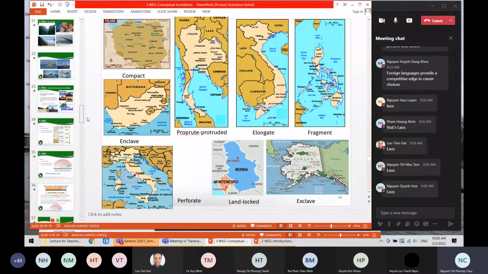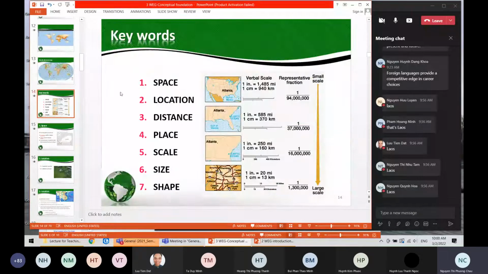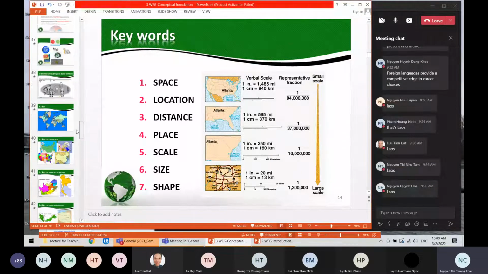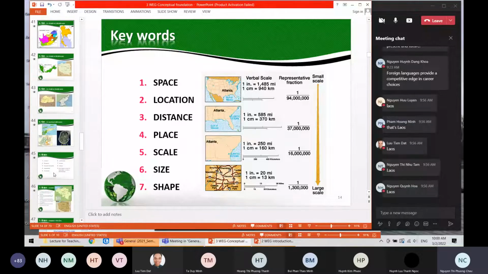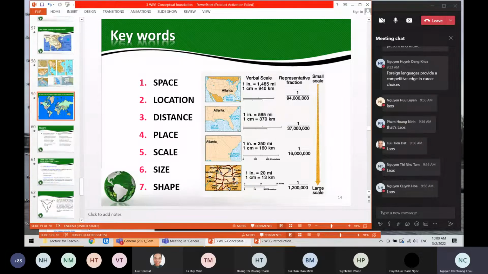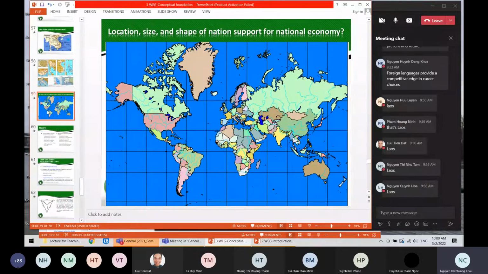Okay, going back, if we look at all of the geographical concepts for one nation, we may see some information that can support the national economy. Like we have the world map.